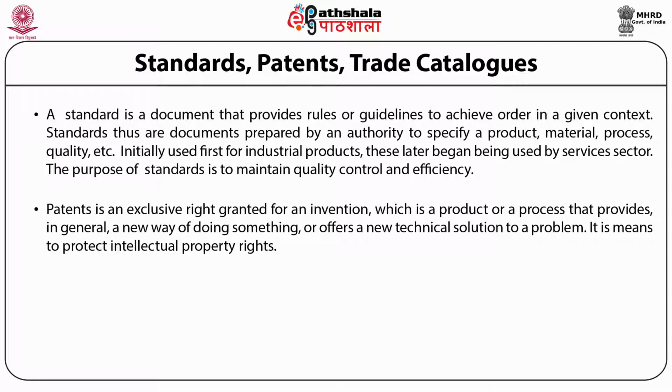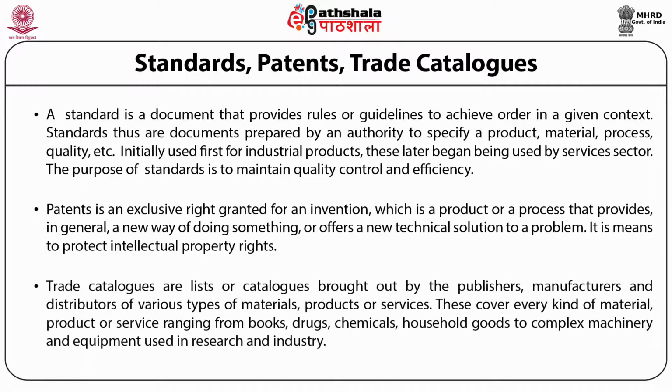uses it without permission. Last in the category are the trade catalogs, which are lists or catalogs brought out by the publishers, manufacturers, and distributors of various types of materials, products, or services. These cover every kind of material, product, or service ranging from books, drugs, chemicals, household goods to complex machinery and equipment used in research and industry.